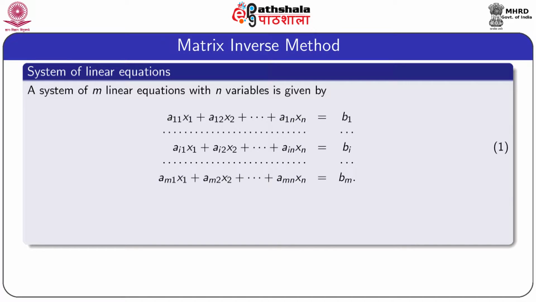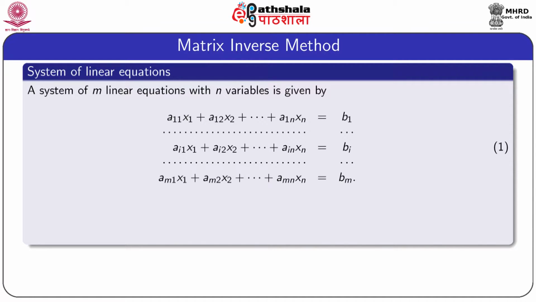A system of m linear equations with n variables is given by a11 x1 plus a12 x2 plus up to a1n xn equal to b1, and the ith equation of the system is ai1 x1 plus ai2 x2 plus up to ain xn equal to bi, and the last equation of this system is am1 x1 plus am2 x2 plus up to amn xn equal to bm.